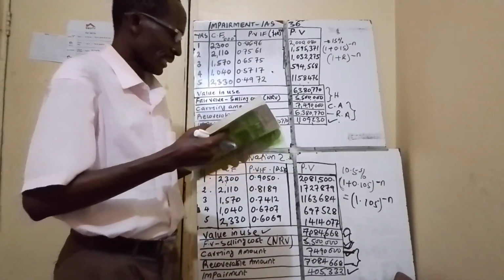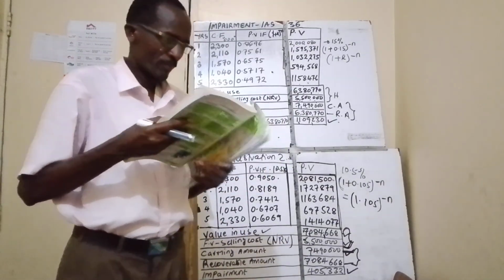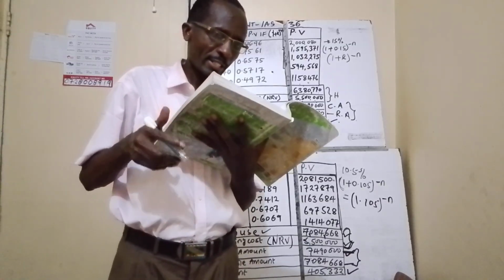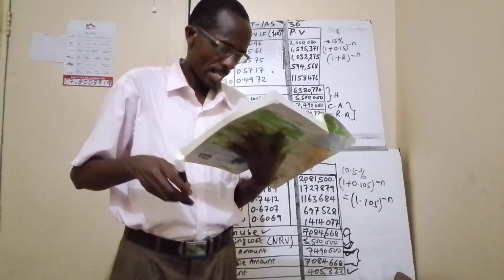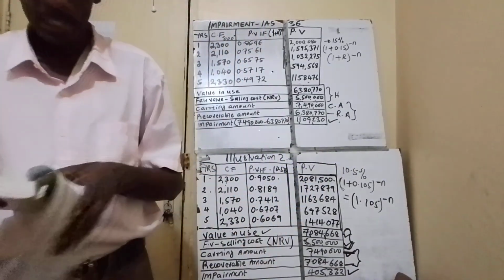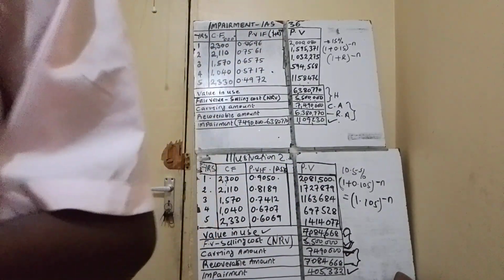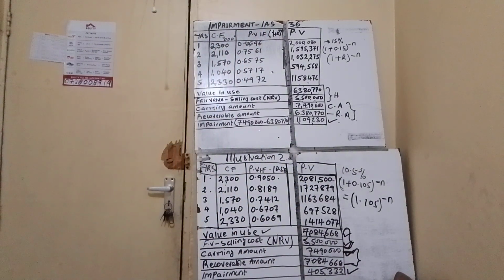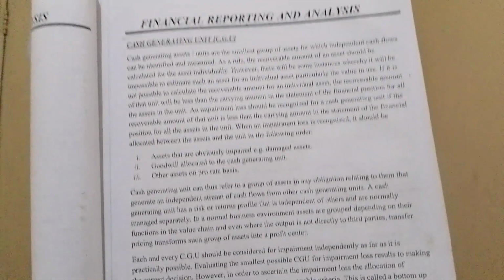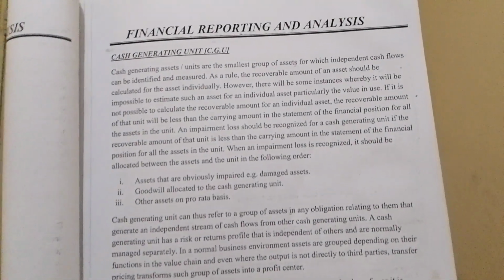I want to take cash generating units, cash generating assets. I can present that one to you, and then I move faster. This part, you can pause your video and then read our notes there. These are some of our research materials.